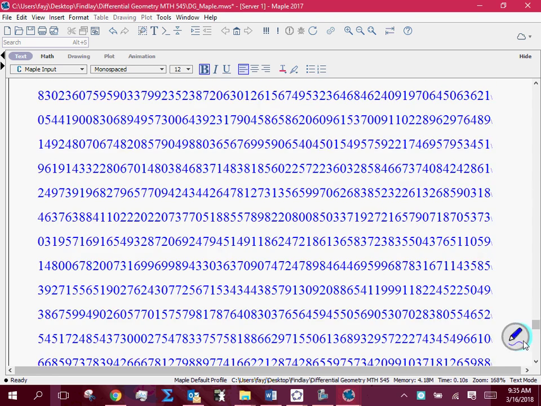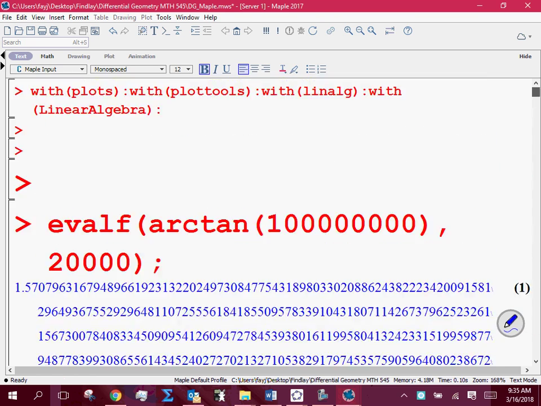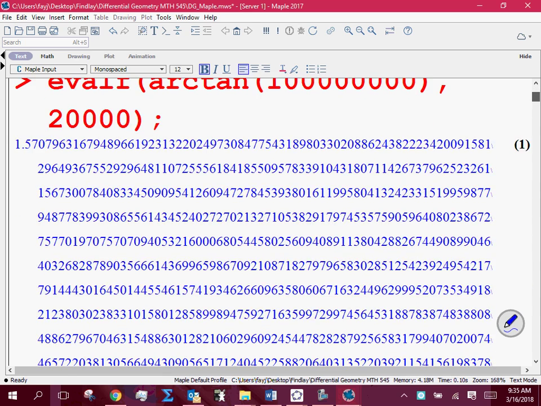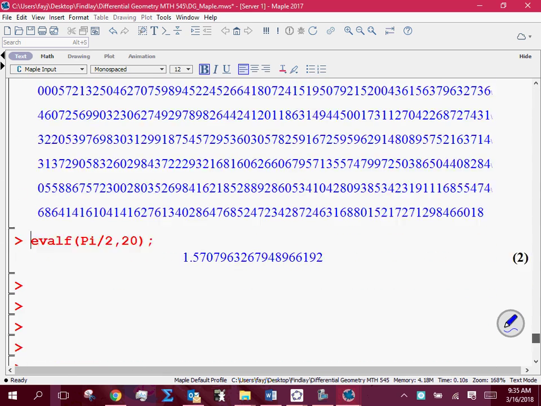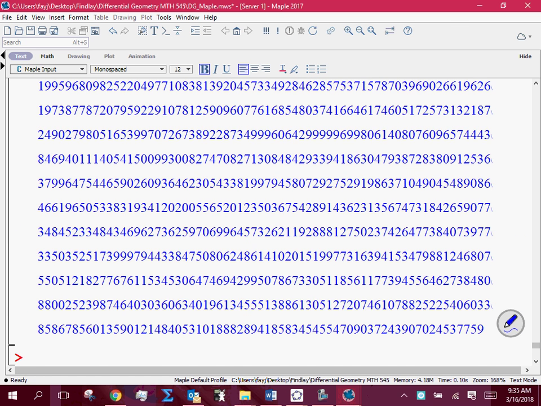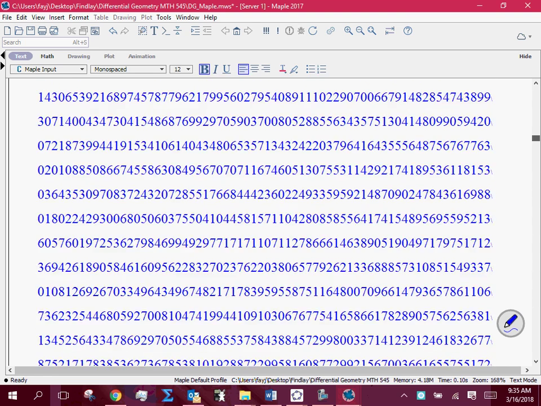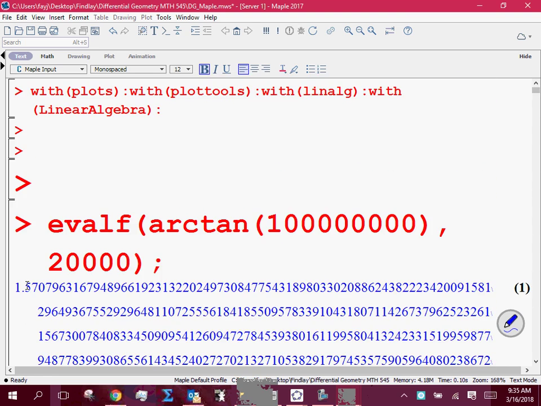If I show 20,000 decimals, that value right there, and I don't know if I can, all right, so I'm going to do something probably nobody would try.